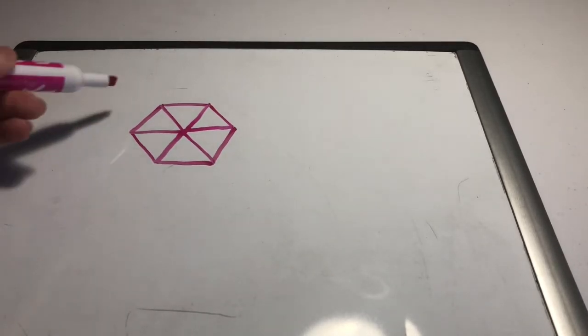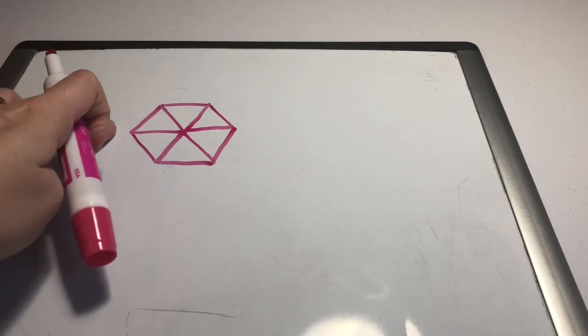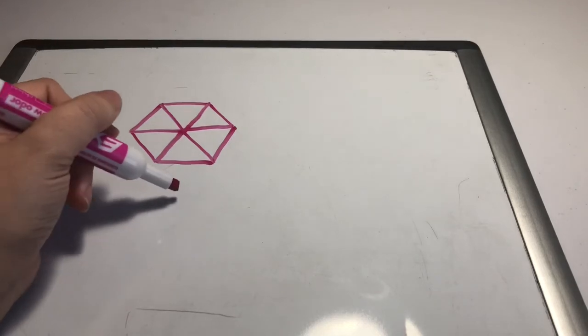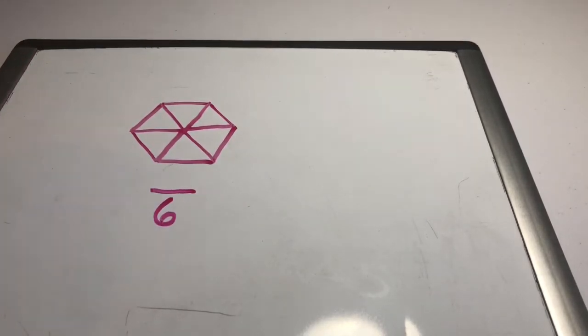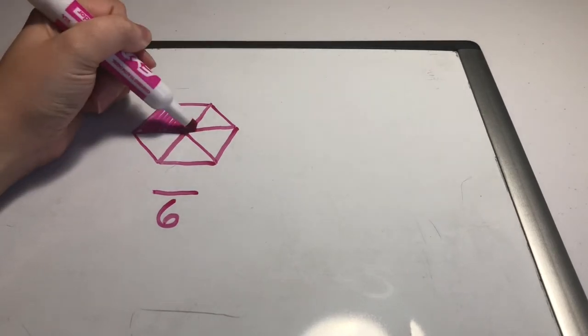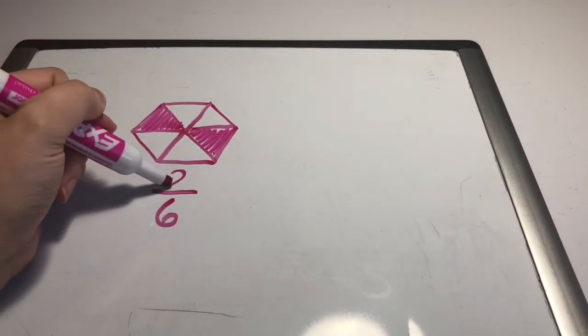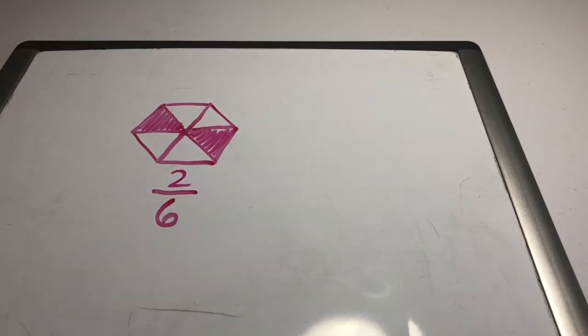So here I have 6 pieces. So my hexagon is divided into sixths. Sixths would be my fraction family. So I can write my fraction bar and sixths. And then let's say I colored in 2 of them. 2 sixths.